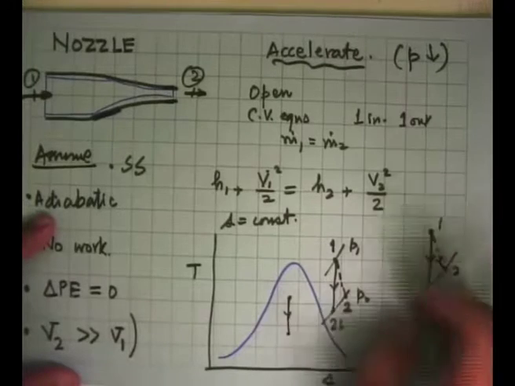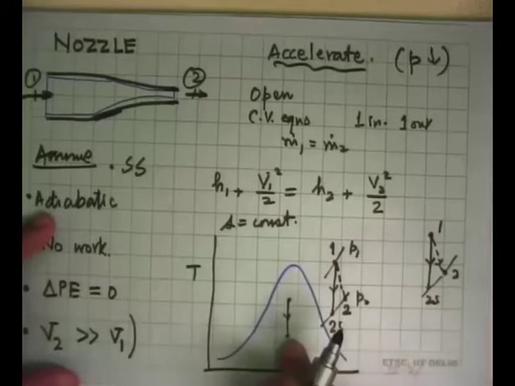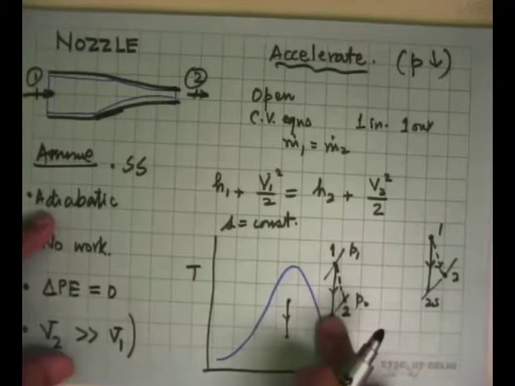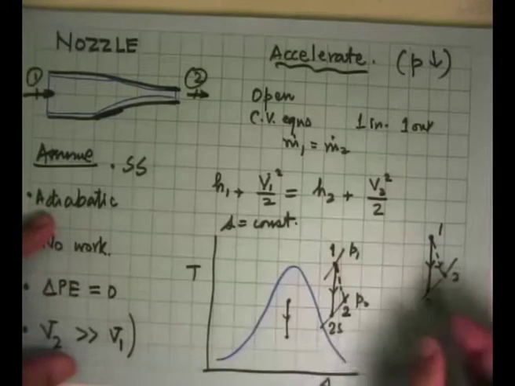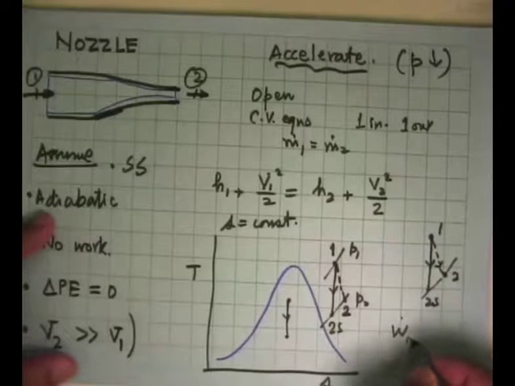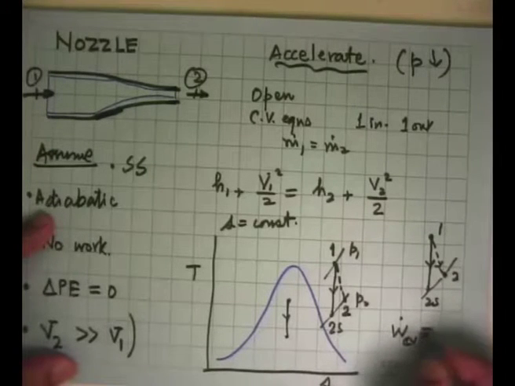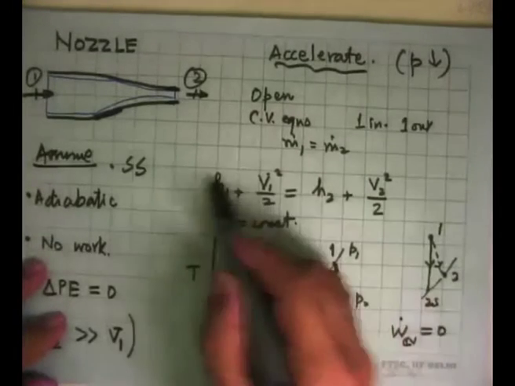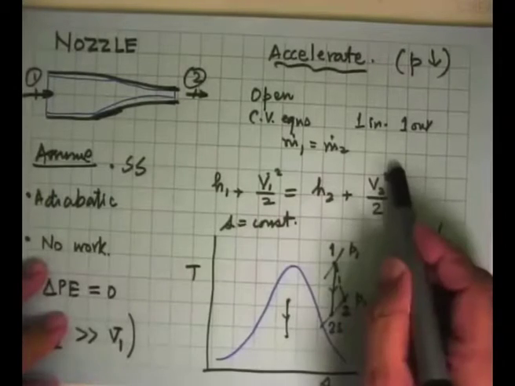So the process actually looks the same as that of a turbine, but the difference is that in a turbine there is work output. In this case, W dot CV, the work output or input, is 0. And the drop in enthalpy goes to increase the velocity at the outlet.